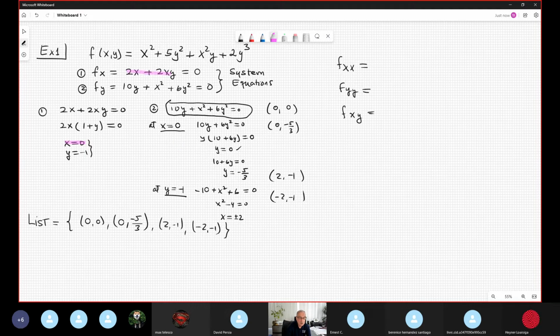I take the first derivative, and you find the second derivative with respect to x. It's 2 plus 2y. Everyone follow me? You consider x as the only variable and y is constant. Then you take this expression and differentiate with respect to y. The answer is 10, the x squared is a constant, derivative is 0, and 12y.